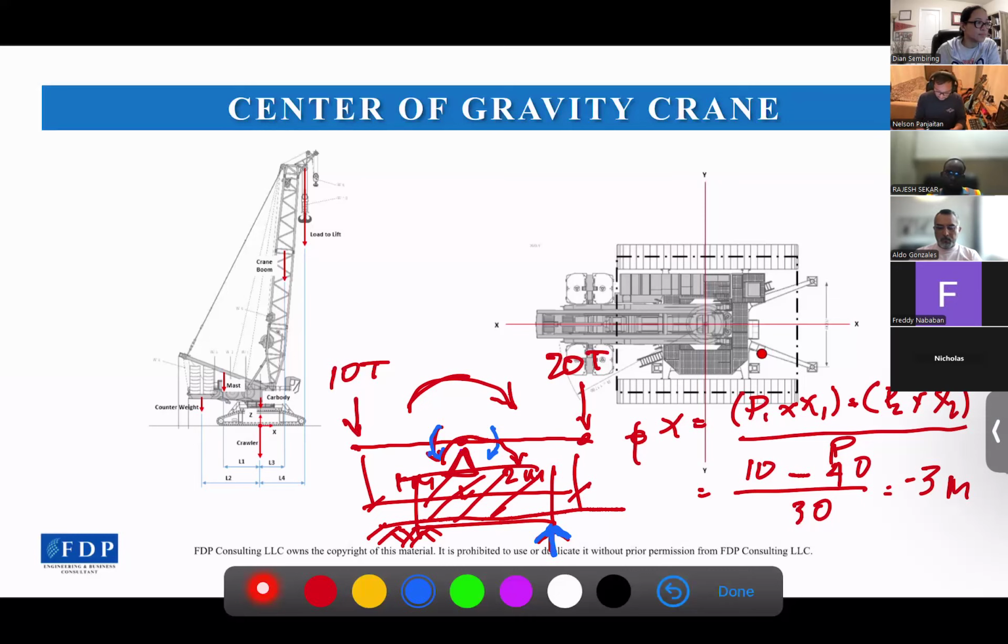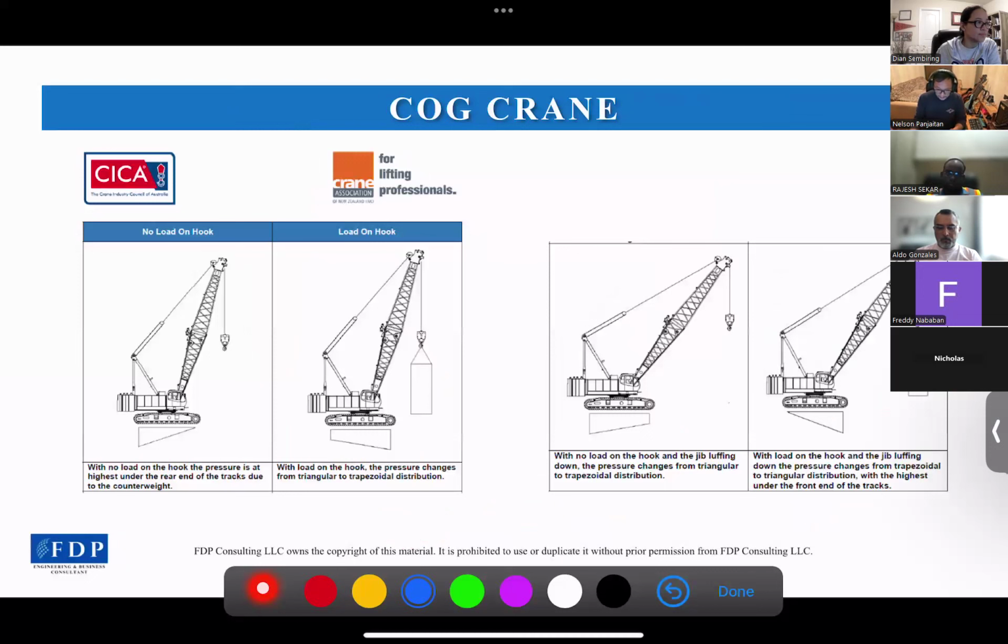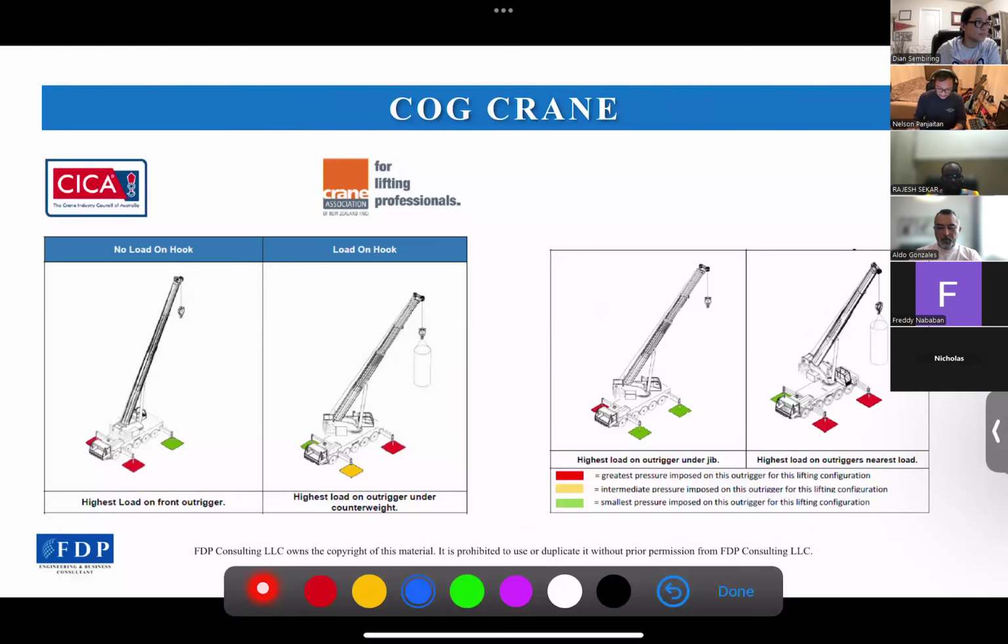Now we continue with this. It will be the same situation with the outrigger here. The difference is the mechanism to distribute the total weight to the foundation.